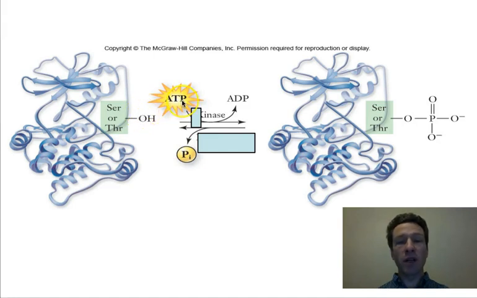However, as you already know, that third phosphate group on ATP is associated with extra energy, and so removing it from ATP provides the energy that allows it to be attached to this enzyme. So we talked about the fact that ATP production is really important in cells. This is just one of the many reasons why it is.